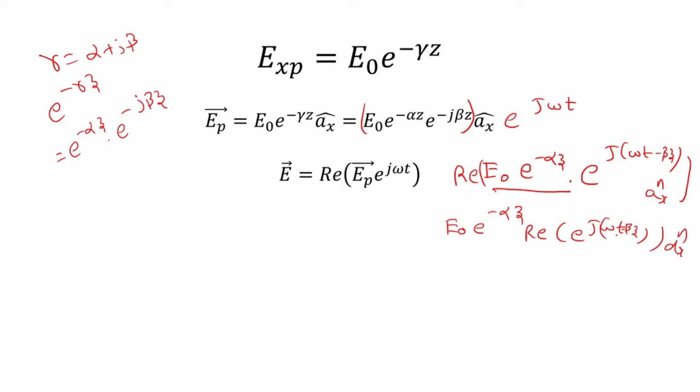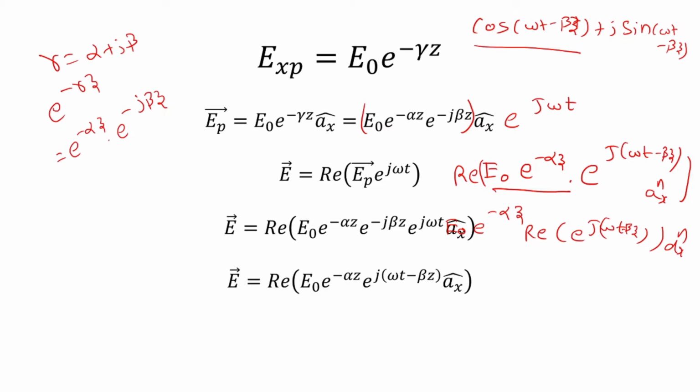But exponential of j omega t minus beta z is cos omega t minus beta z plus j sin omega t minus beta z. The real part of it is cos omega t minus beta z. Therefore, if I take the real part, I would get E naught exponential of minus alpha z times cos omega t minus beta z along the direction of ax cap.